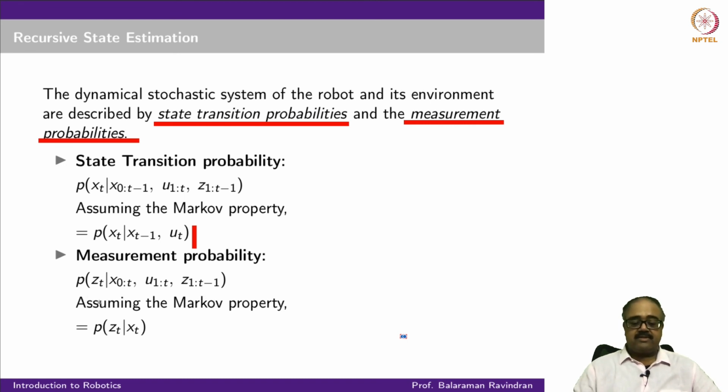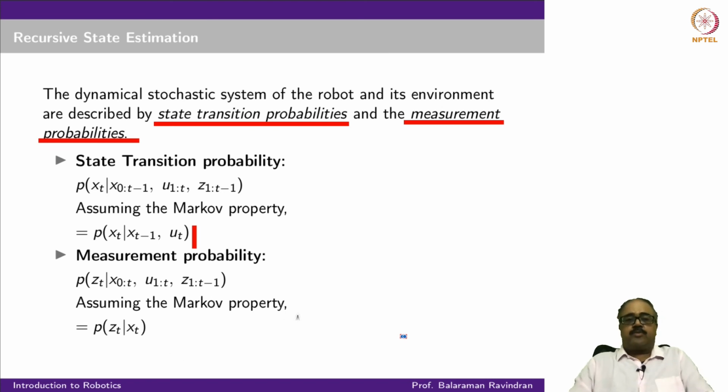This tells me what I will see once I have gone from x0 to xt, taken actions u1 to ut, and made the previous observations z1 to zt minus 1. I'm using observations and measurements interchangeably, so bear with me. That's the second component of our system.